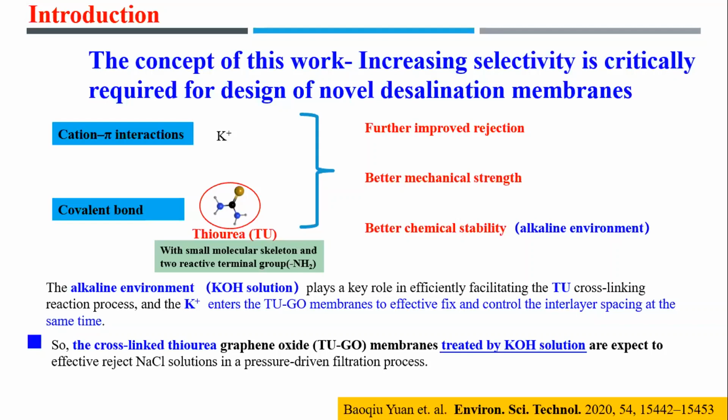So the cross-linked side-zero graphene oxide membranes treated by potassium hydroxide solution are expected to effectively reject sodium chloride solution in a pressure-driven filtration process.